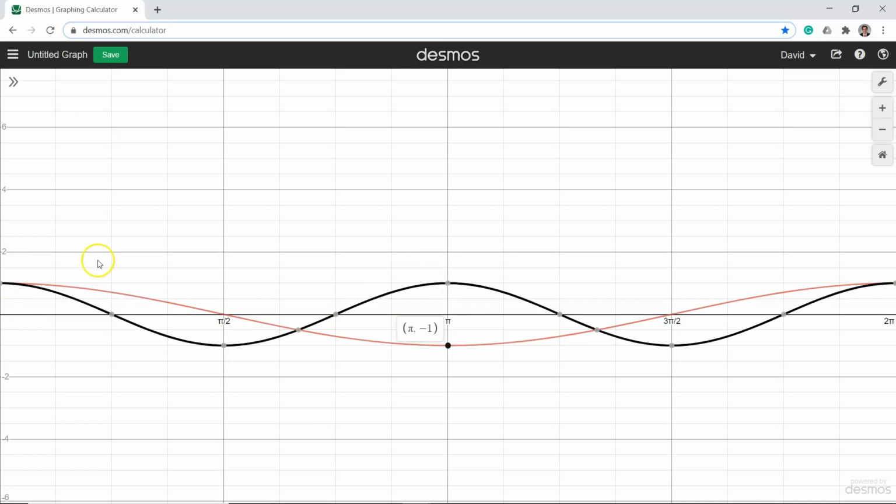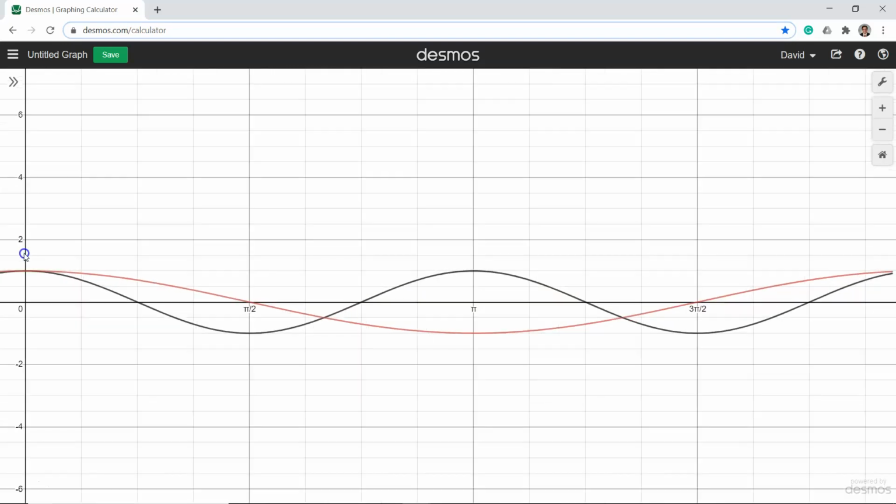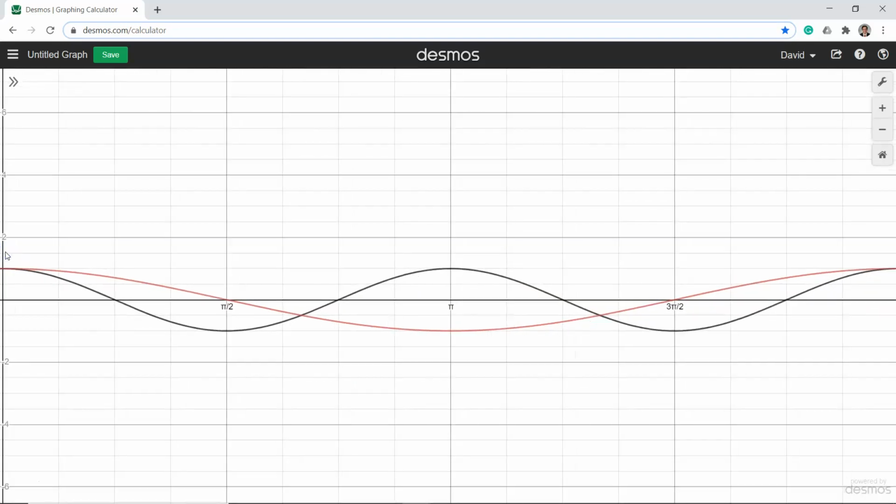So notice that this section of the purple graph is one complete rotation. So this purple shape is exactly, I don't want to say exactly identical, but it goes through the same motions as this entire red shape.